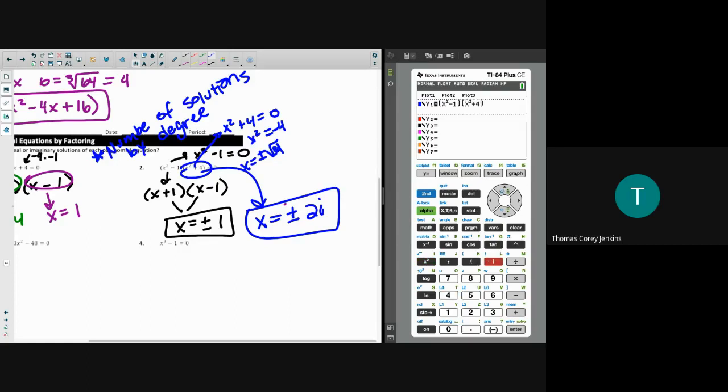All right, so we see our -1 and our +1, which we have there. But that's all we see. So this is where that knowledge would come into play, and you would say, well, this is a 4th degree, because if I take x squared times x squared, that's x to the 4th.